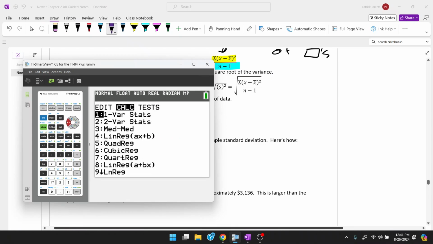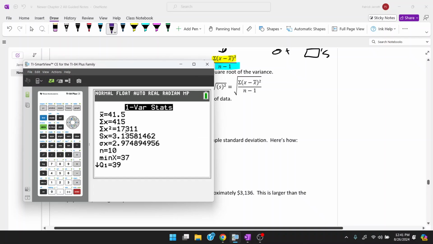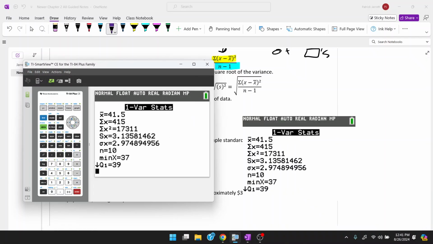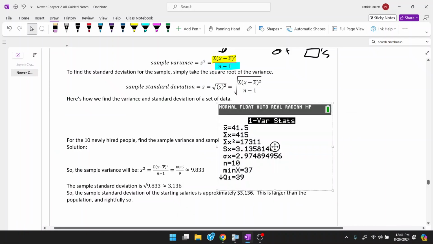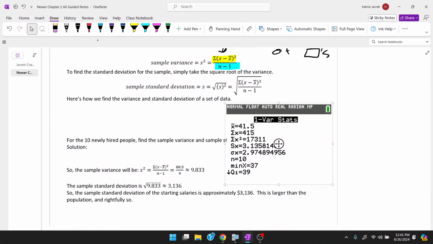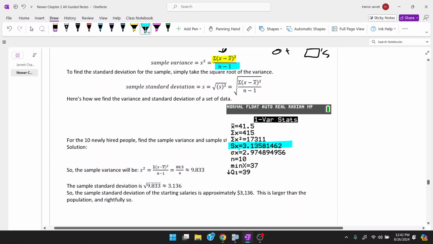So if I go and do another 1-Var Stats once more, you'll see that there is an Sx, and that is sample standard deviation. Now, just like with population standard deviation, you can square the sample standard deviation and get the sample variance.